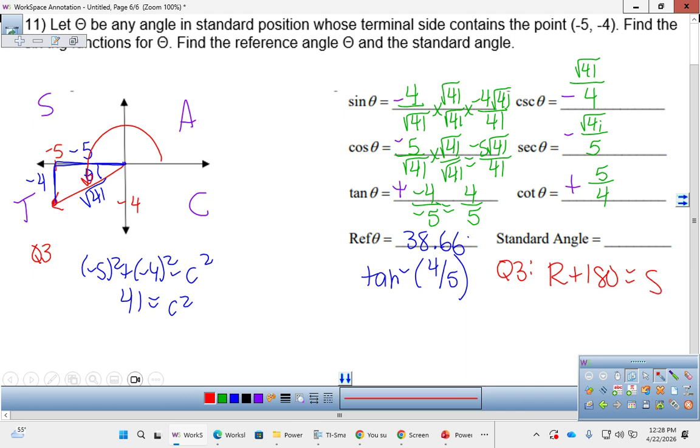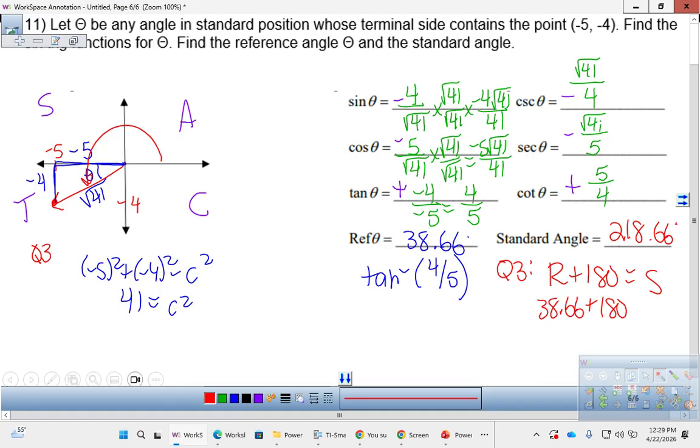If we work through the equation, it's that 180 degrees plus 38.66 more. So in this case, it would be 38.66 plus 180. So my standard angle is 218.66, which is between the 180 and the 270 of quadrant 3.